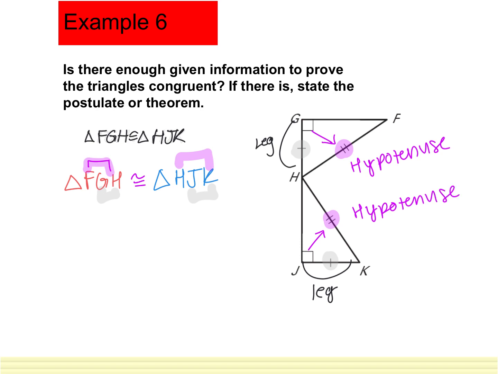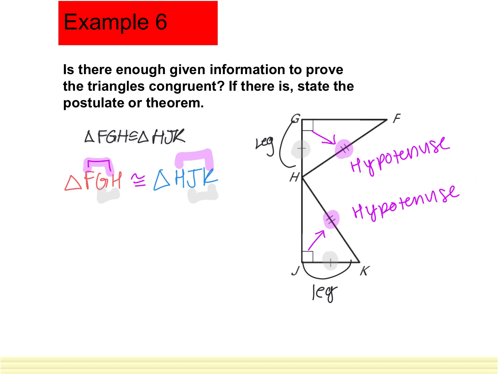So going back to HL theorem, what do I have to have for it to be HL? I have to have a hypotenuse. How many legs do I have to have? 1 leg, and it has to be right triangles. Does this qualify? Does this show me all those 3 things? Yeah, I have my hypotenuse for both triangles, and they're congruent.